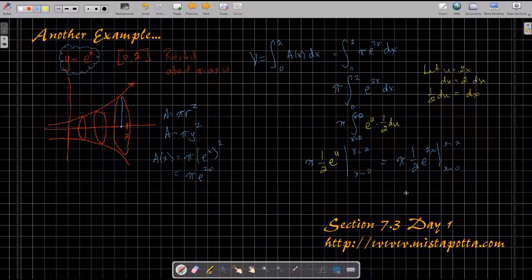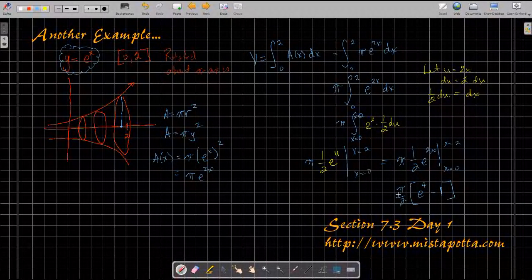And so I end up with pi over 2 times e to the 4th minus e to the 0. And of course, this is a beautiful answer. It's a correct answer. It's not a decimal answer, but it's a closed form answer that we can use.